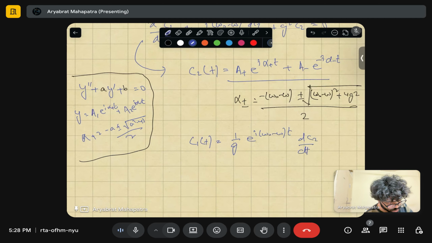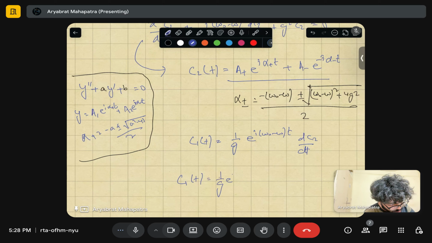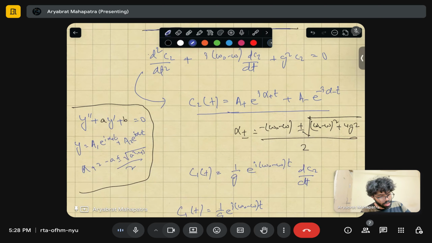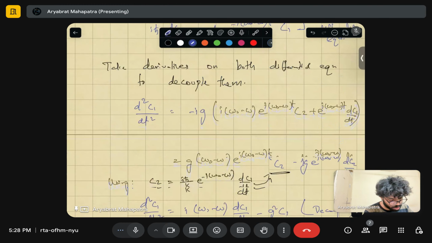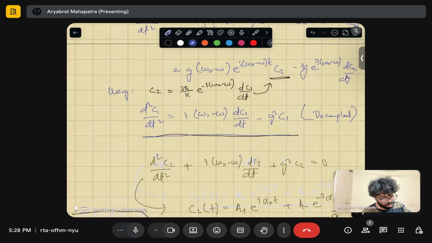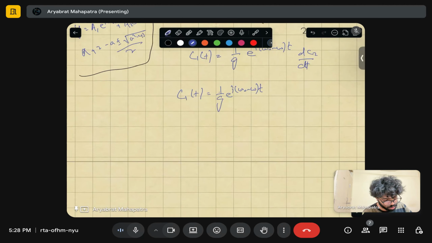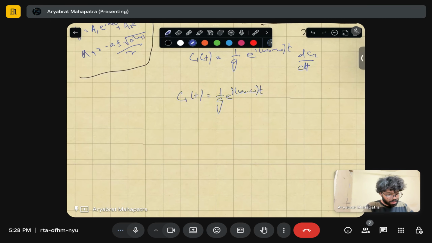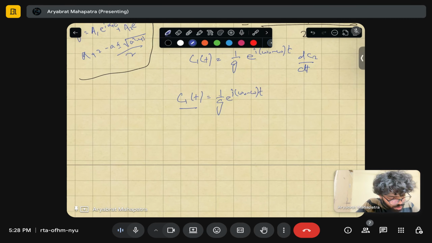So using this c2, you can calculate dc2 over dt, and from there you will get c1.